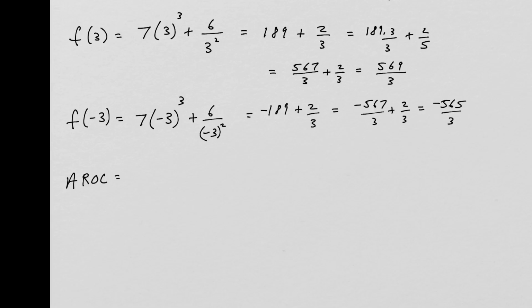So it'll be f of 3, which we found to be 569 over 3, minus f of negative 3, which we found to be negative 565 thirds, over 3 minus a negative 3.